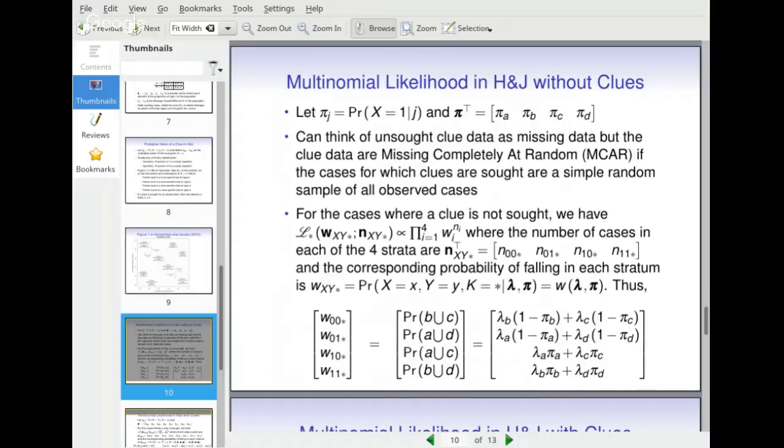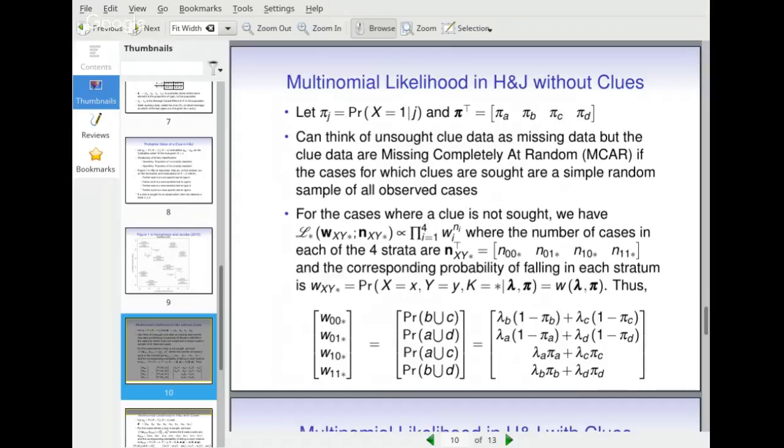So each of these n's appear as exponents in the multinomial likelihood, and the probability, which is the base that's being exponentiated, the w's here, are the conditional probability of falling in each of the 4 regions of the 2x2 table.